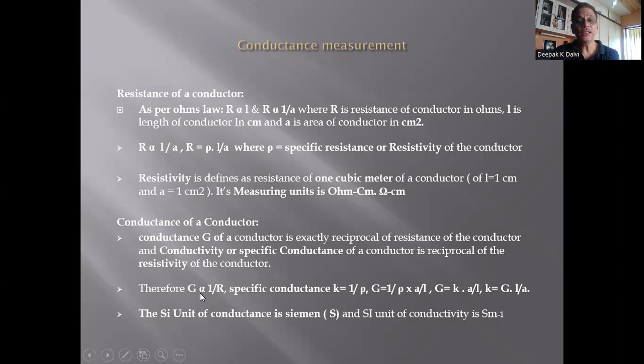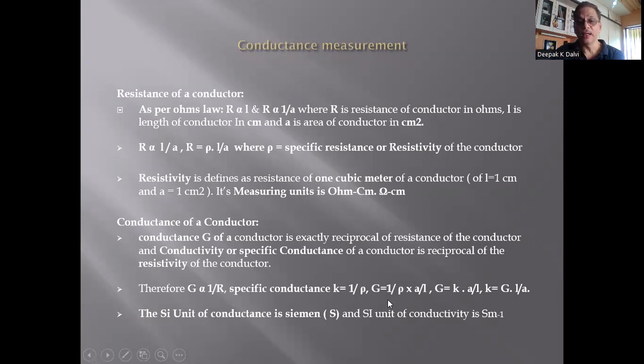Having known that G is the inverse of resistance, that is 1 over R, specific conductance is what? Again, it is the reverse of specific resistance, so it is 1 over rho. And K is a constant. When you remove directly proportional, you will get G is equal to K into 1 over R. So K is the specific conductance or conductivity.